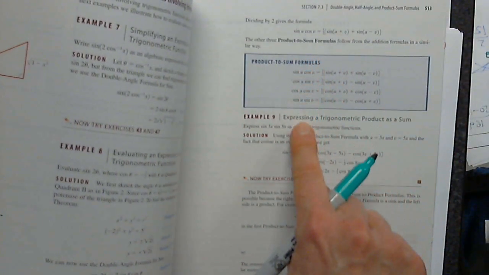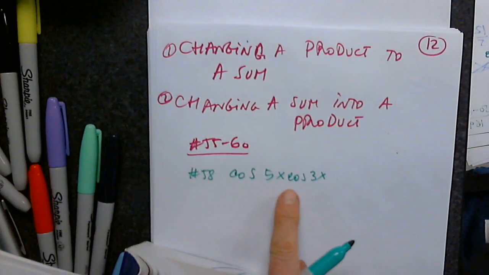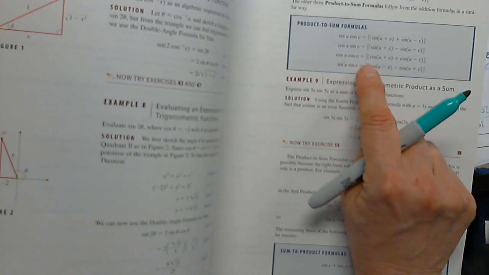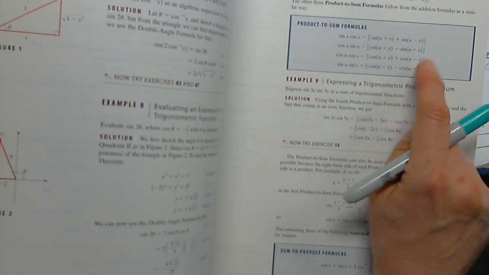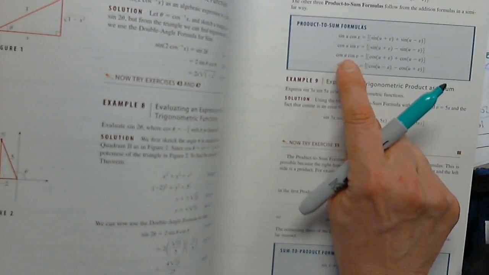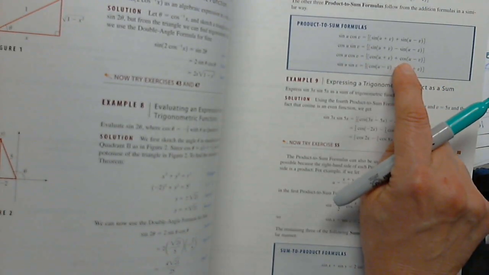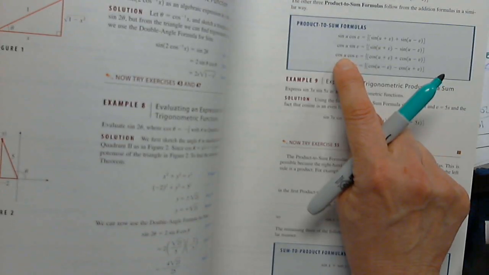There are 4 different formulas. And we want to identify that this is a cosine multiplied by a cosine. Which of these formulas is a cosine multiplied by a cosine? The third one. So I have 1/2 in front, brackets, cosine of the sum of the two angles plus cosine of the difference, the first angle minus the second angle.